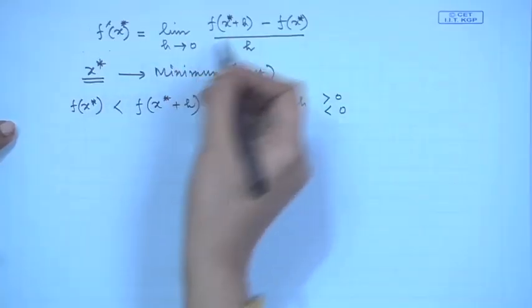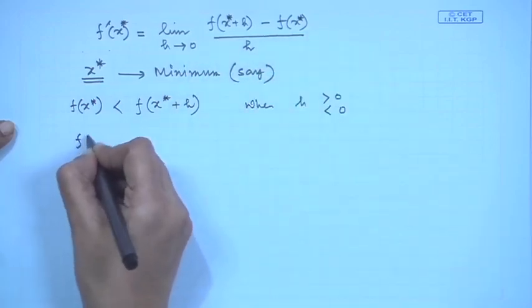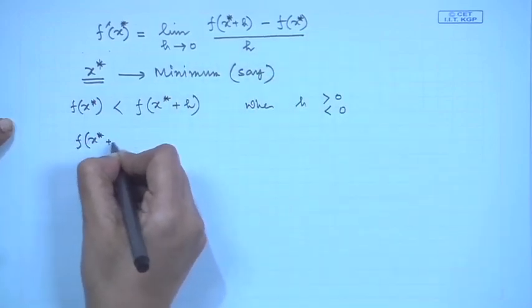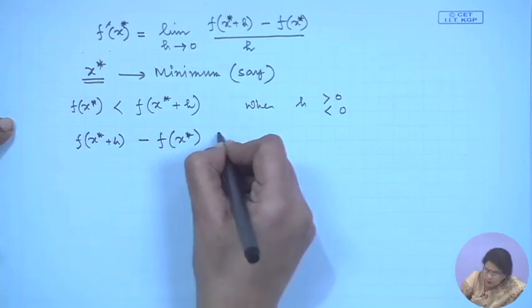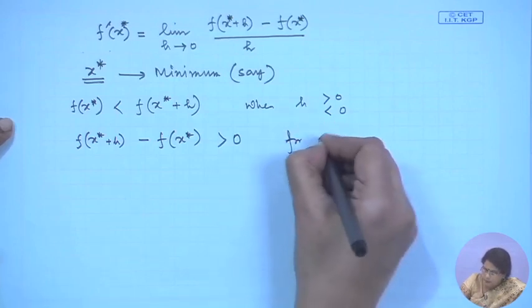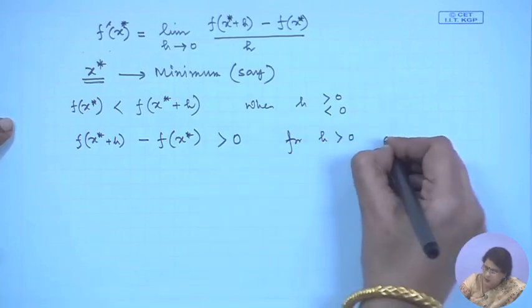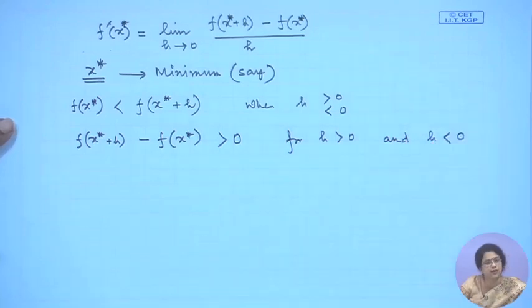If this is so, look at the numerator. From the numerator, what we can say is that f(x star plus h) minus f(x star) will always be positive for h greater than 0 and h less than 0 even.